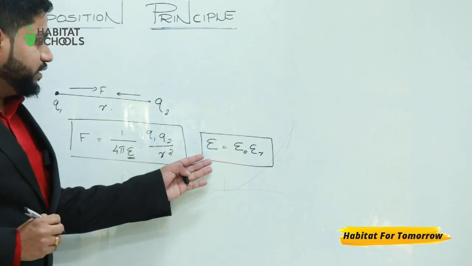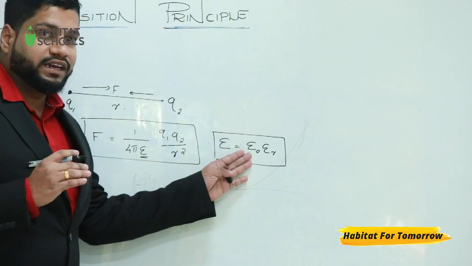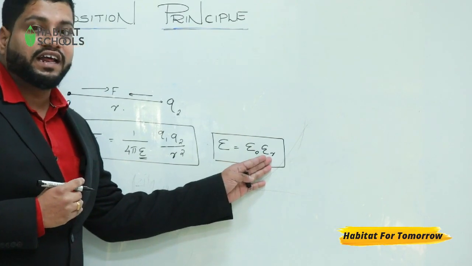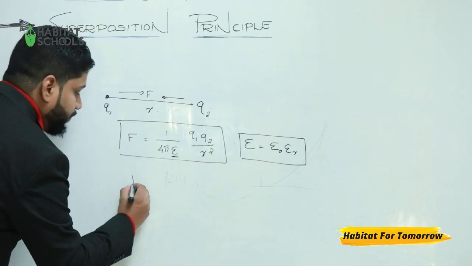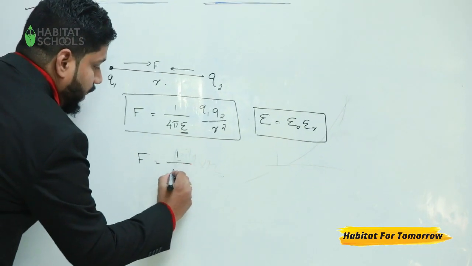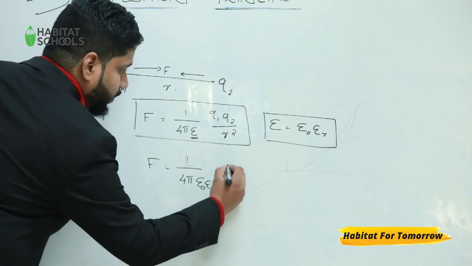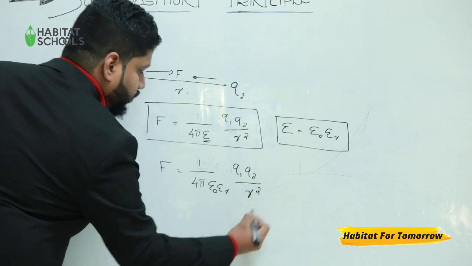Here epsilon is the permittivity in a medium, epsilon 0 is the permittivity in free space, and epsilon r is the relative permittivity. So this equation becomes F is equal to 1 by 4 pi epsilon 0 epsilon r, q1 q2 divided by r square.